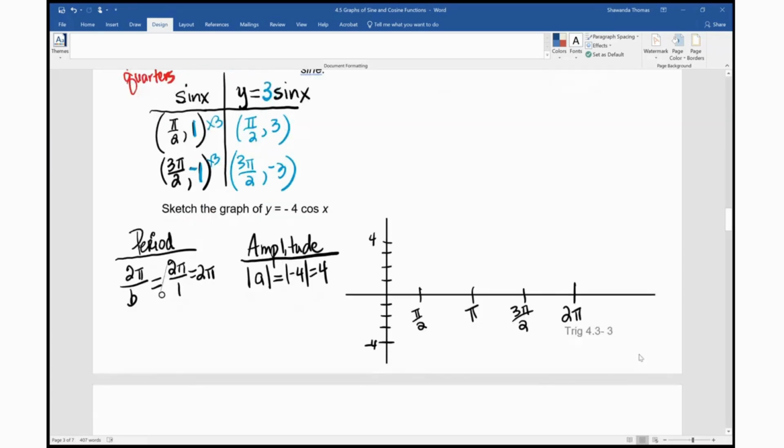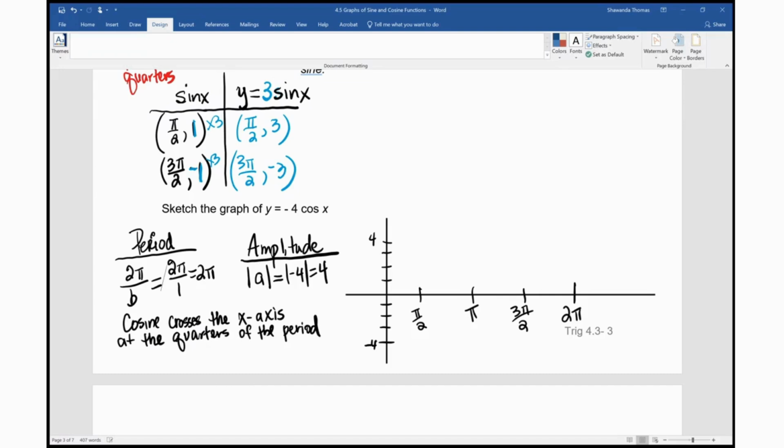So what do we know about cosine and its normal behavior? Cosine crosses the x-axis where? At the quarters of the period.